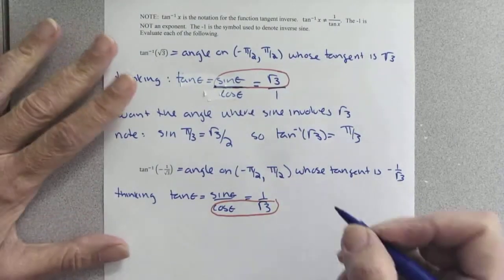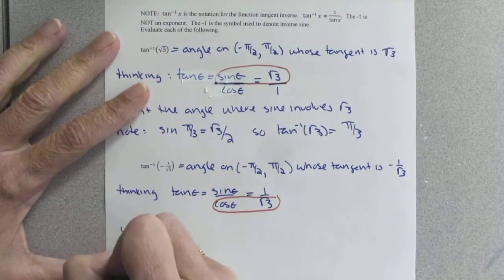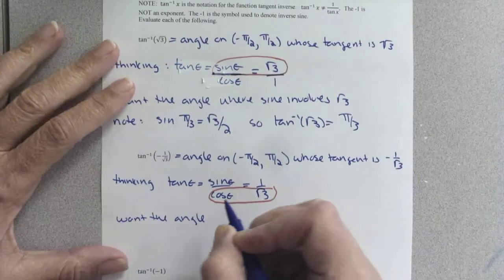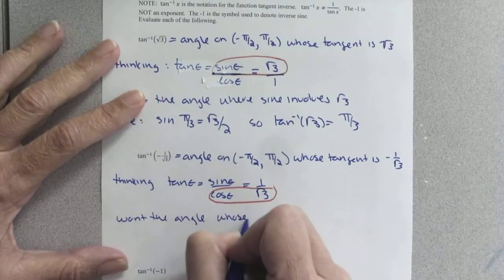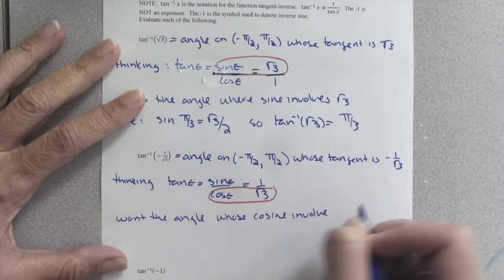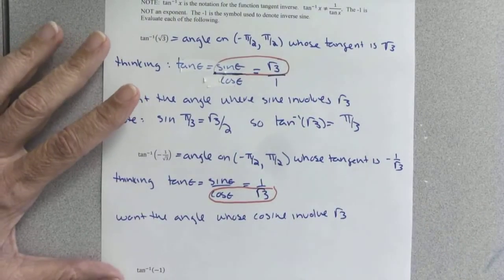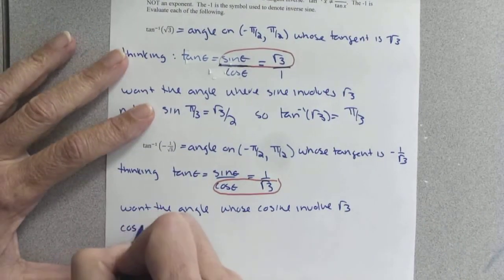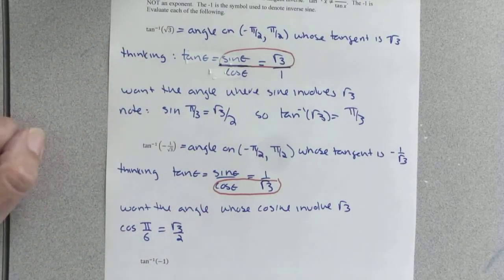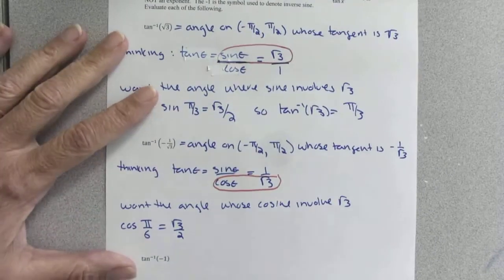And so I want the angle whose cosine involves a square root of 3. And that'd be cosine of pi over 6 is square root of 3 over 2.